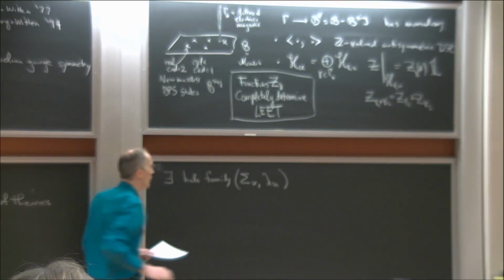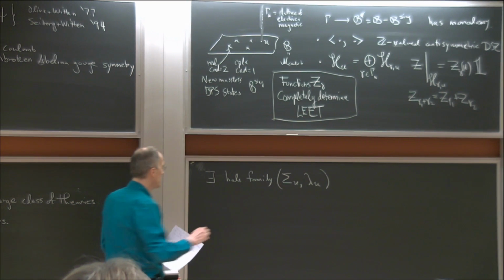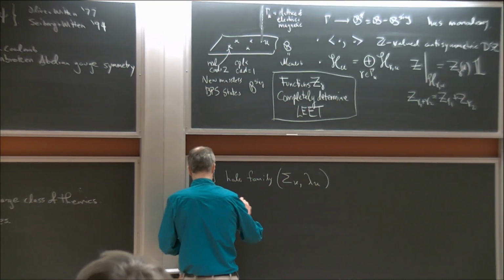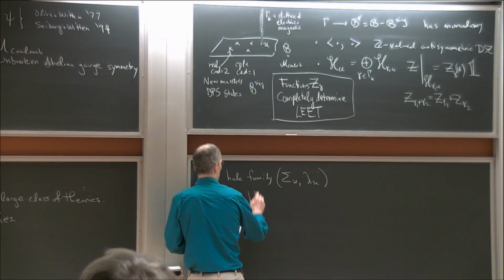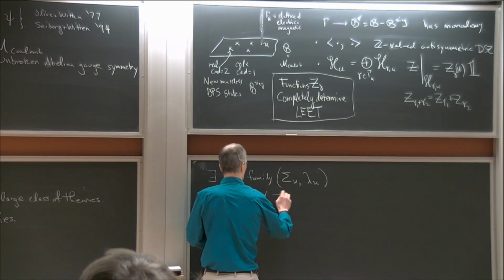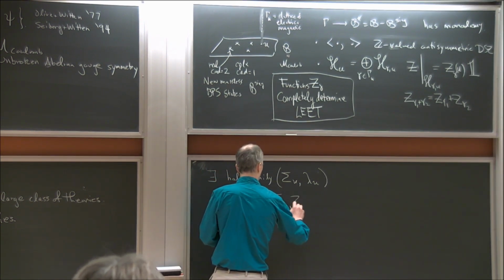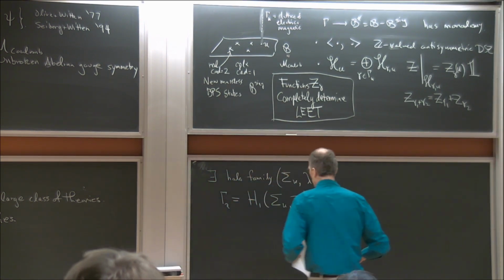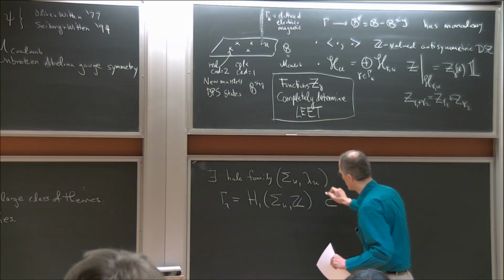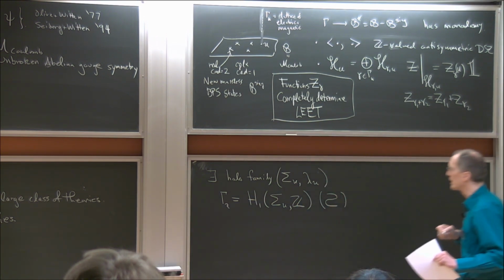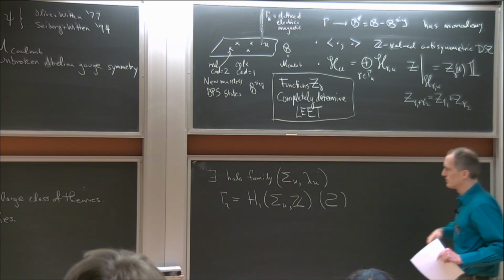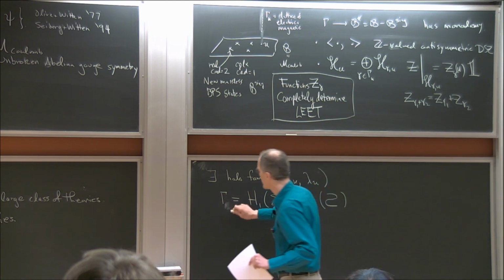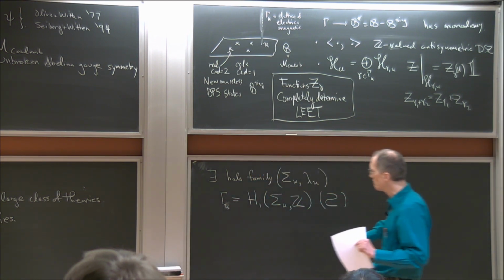And they vary holomorphically with u, such that gamma sub u is equal to the first homology of this Riemann surface. Well, okay, already here I'm telling you a lie, so I'm going to put in the Bourbaki danger sign. So it might be a sublattice or a subquotient, but essentially it's the first homology.